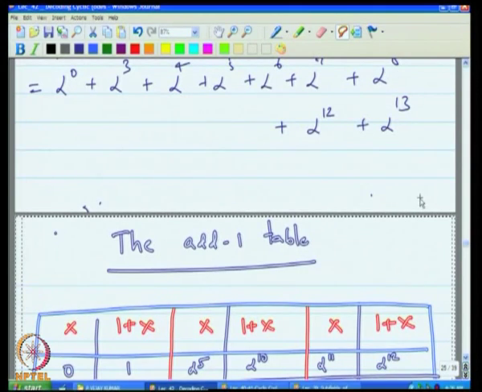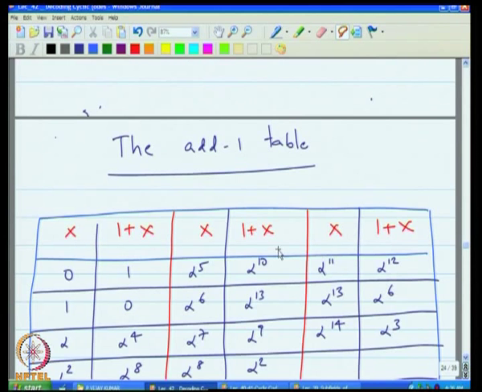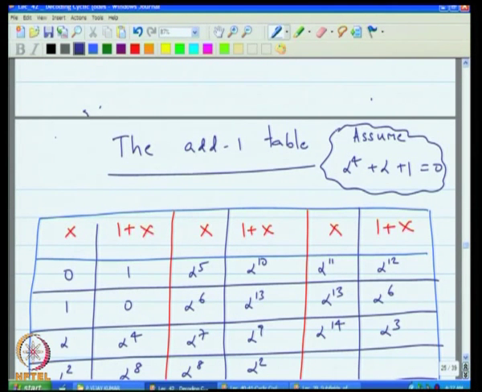So, in using Horner's method, I have also used the add1 table for this finite field. So, I am going to assume here in the computations that alpha 4 plus alpha plus 1 equals 0. Okay, that is, alpha is the primitive element in the particular finite field.